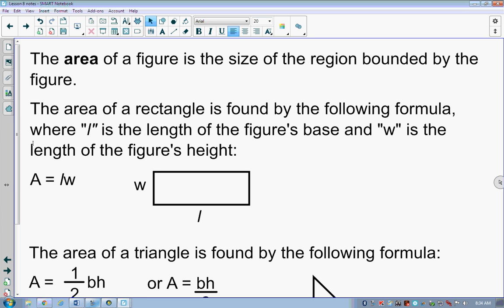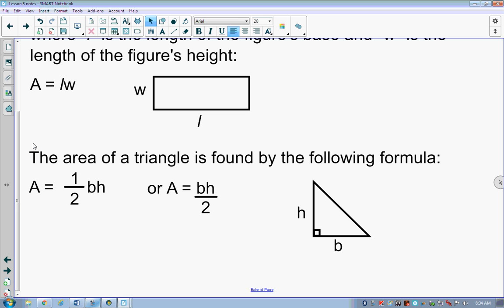Then we move on to triangles, which I think you still probably know, or have heard, even if you don't have it off the top of your head. It's not new. The area of a triangle is found by the following formula, where area equals either/or. Your book is only giving you one of these formulas, 1/2 times the base times the height. I prefer not to multiply by a fraction if I don't need to.